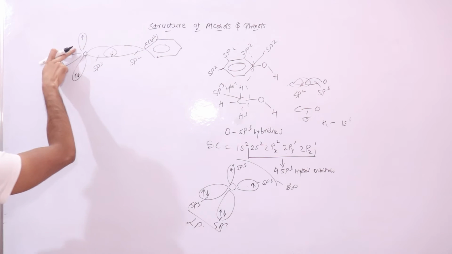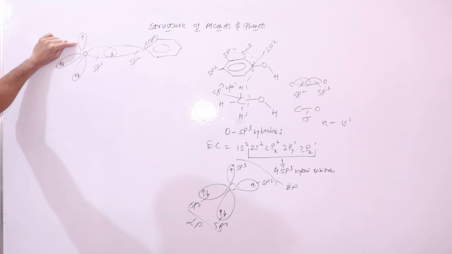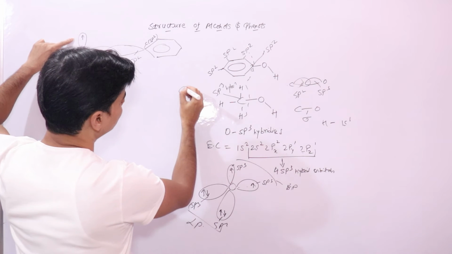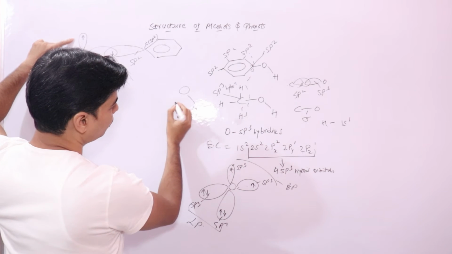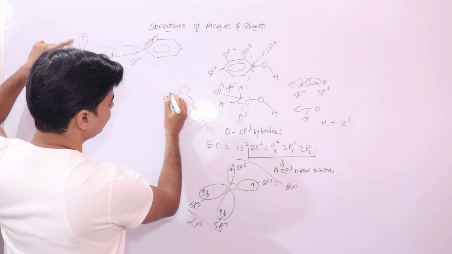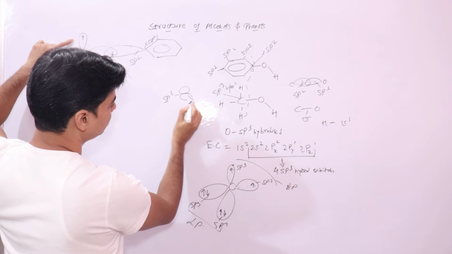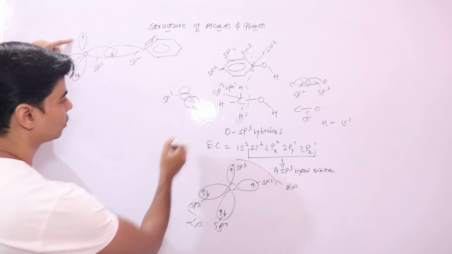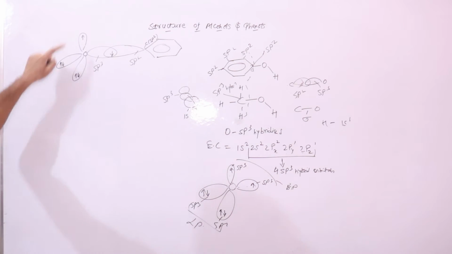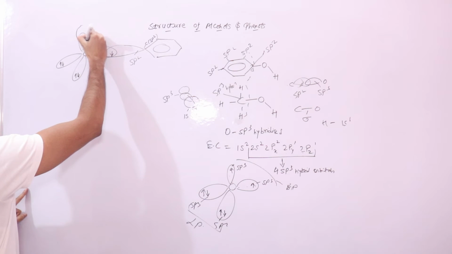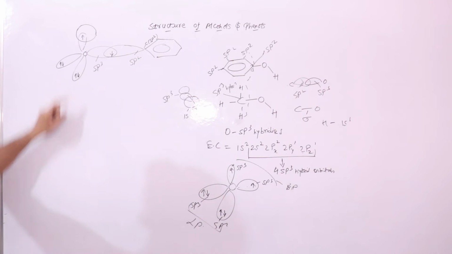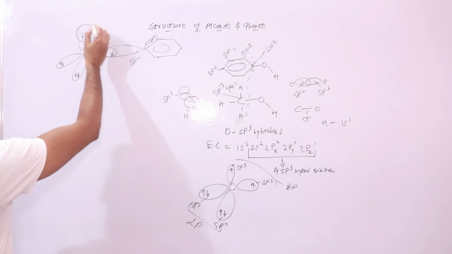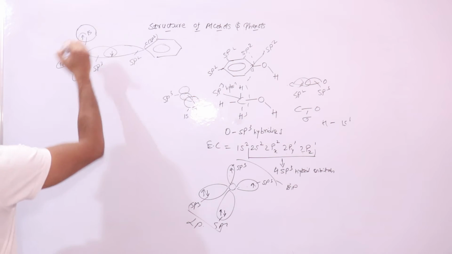Now this is the other sp3 hybrid orbital that can take part in bond formation. So this OH bond will form by overlapping of the sp3 hybrid orbital of oxygen with the 1s orbital of the hydrogen atom. It will happen like this. This is the 1s orbital of the hydrogen atom. So now this 1s orbital will overlap with the sp3 hybrid orbital.